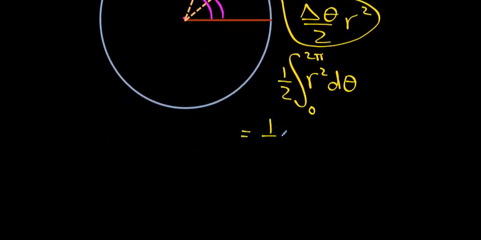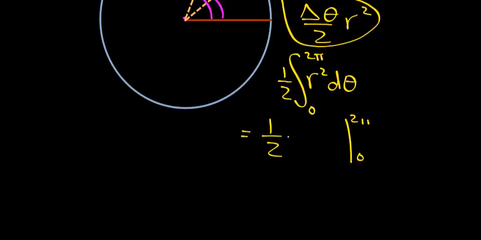When we integrate this, we get 1/2 times 1/3 r cubed from 0 to 2 pi. Is that right? Wait a minute. No, that's not right. I'm integrating with respect to theta. You've got to watch yourself. You've got to pay attention.